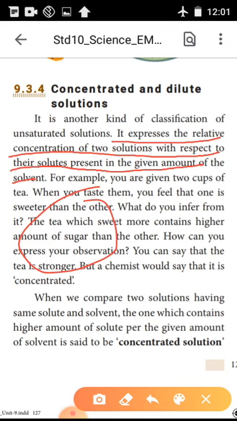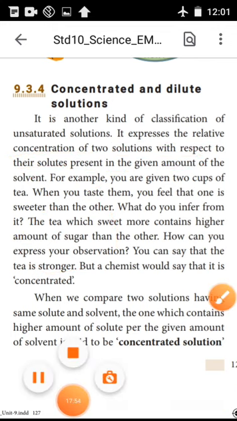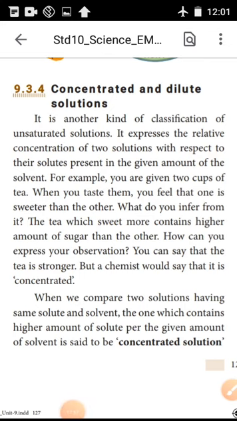So we have two solutions, that is, unsaturated solutions. You have to compare these two solutions, which one is concentrated and which one is dilute.